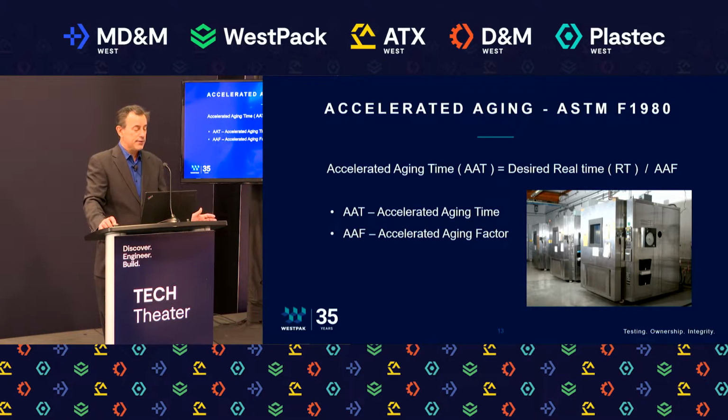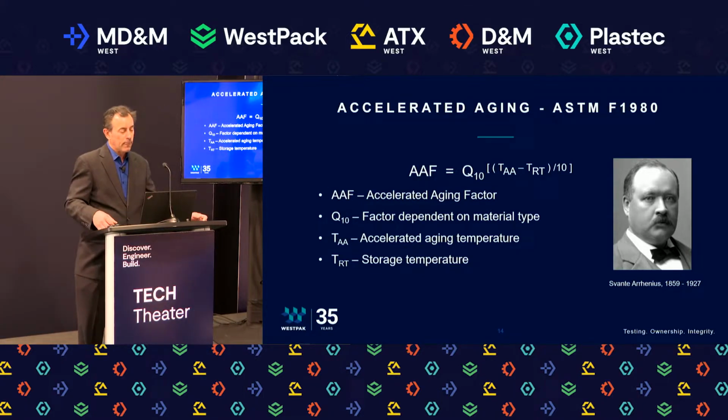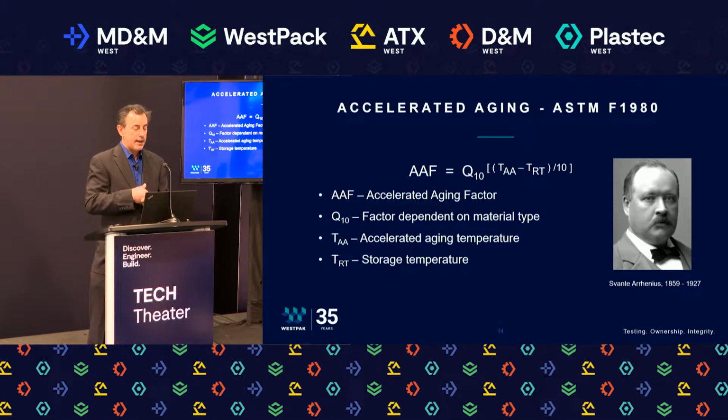So how this all came about was there's this pretty smart guy, Svante Arrhenius, and he was actually a chemist primarily, but he focused on the aging factors of materials.